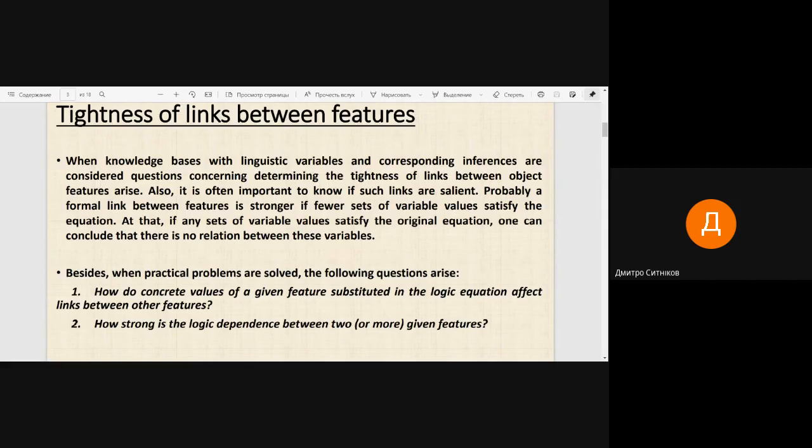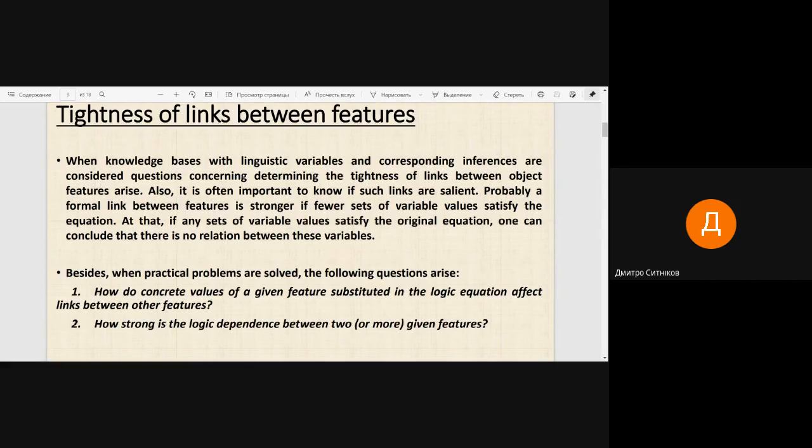At that, if any sets of variable values satisfy the original equation, one can conclude that there is no relation between these variables. Besides, when practical problems are solved, the following questions arise.